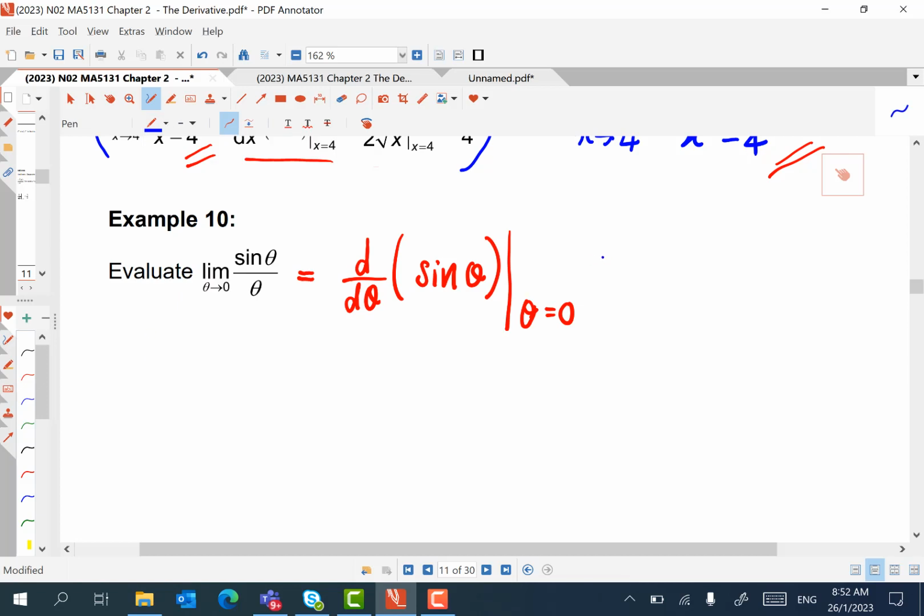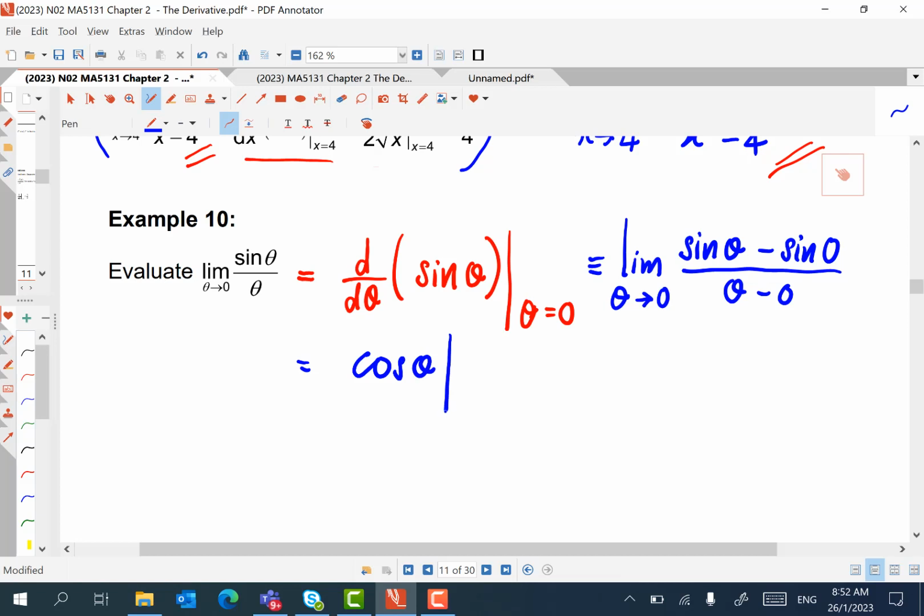Yeah, because remember, this one by definition is the derivative. And because of this, we now can just differentiate the sine. And the whole world knows that cos 0 is 1.